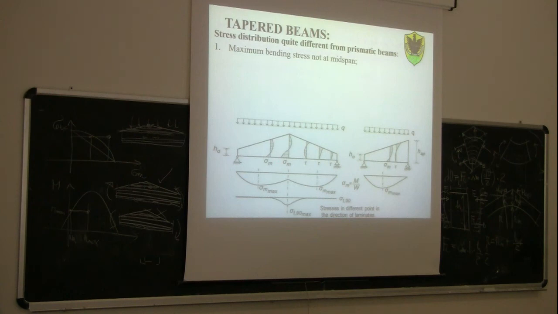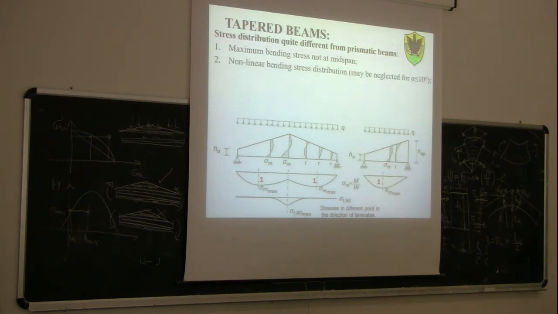In general, the maximum bending stress is not at mid-span. It's in another cross-section, because the depth varies. For example, in this case, you can see the maximum bending stress is in a section like this. Also here, it's not at this value, it's in a different section.